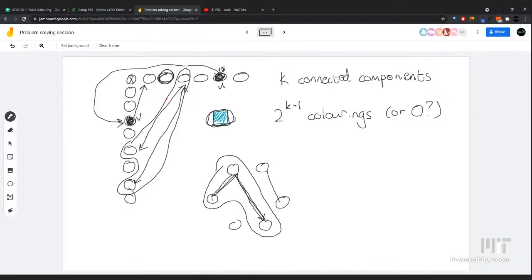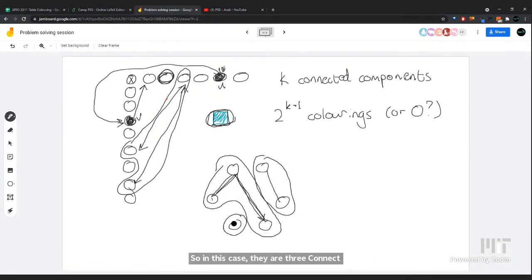So in this case, there are 3 connected components. Does that make sense? Yeah. The one we drew for the example.